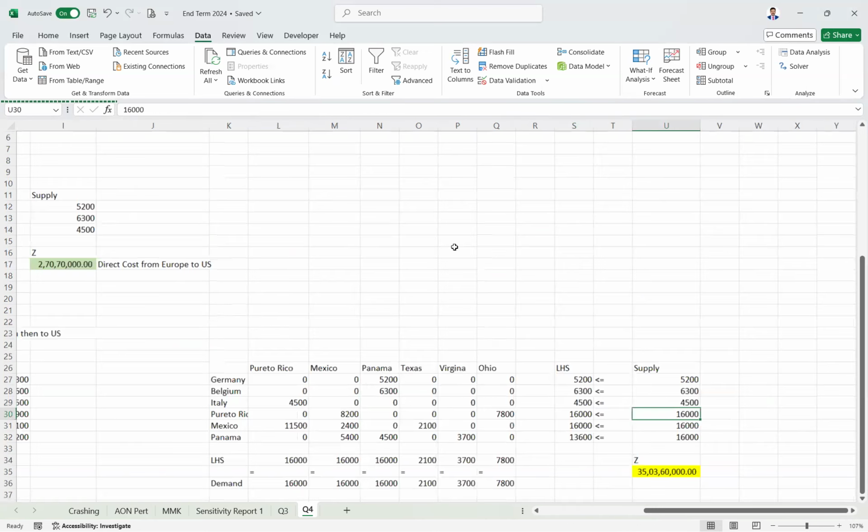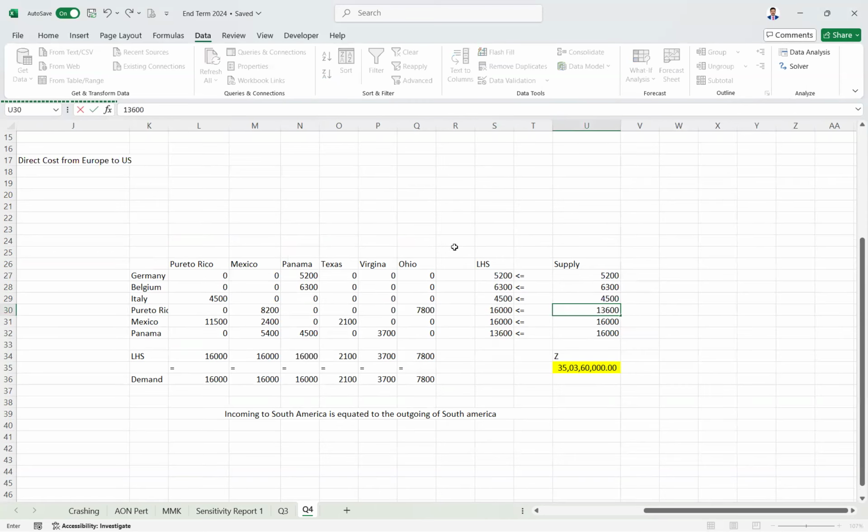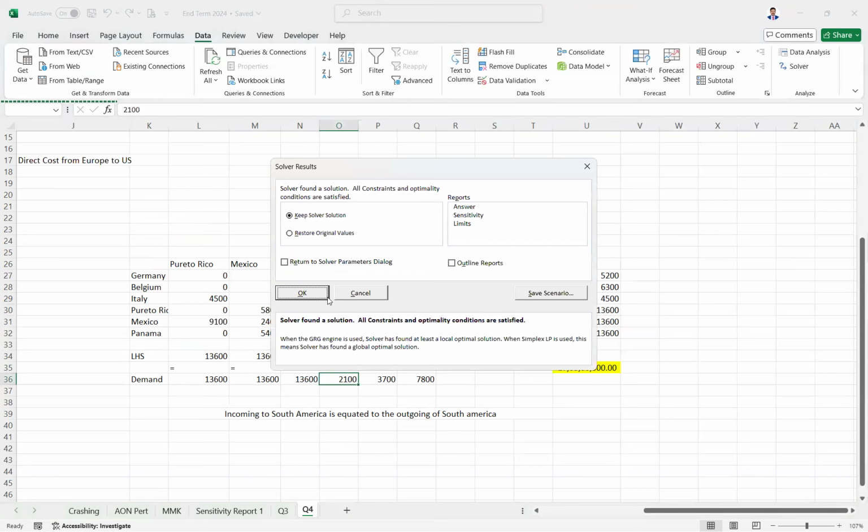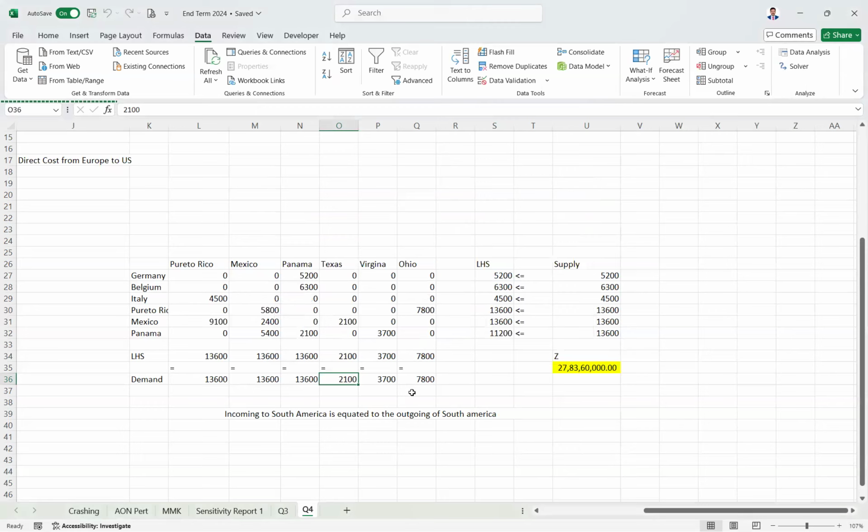Okay, then let me put 13,600 and see what happens. 2783. This is wrong. I don't know why it is not working, but this part is wrong.